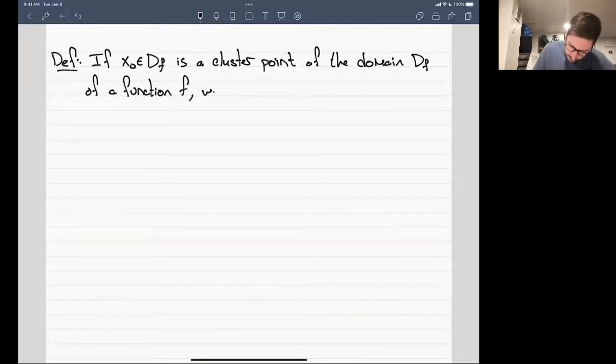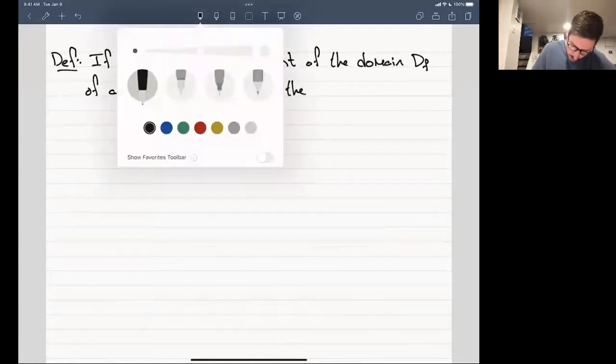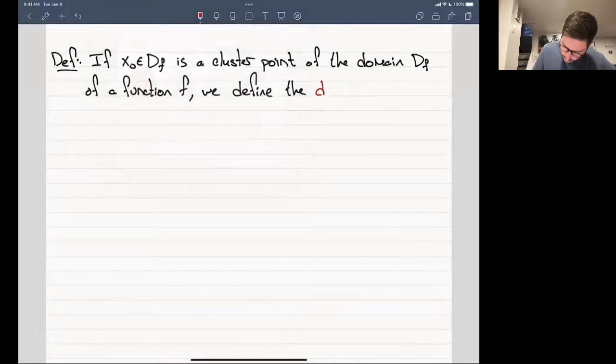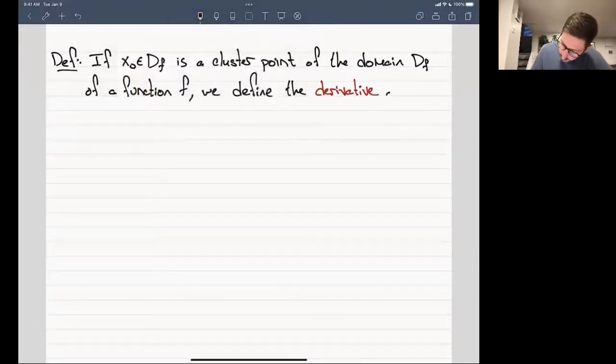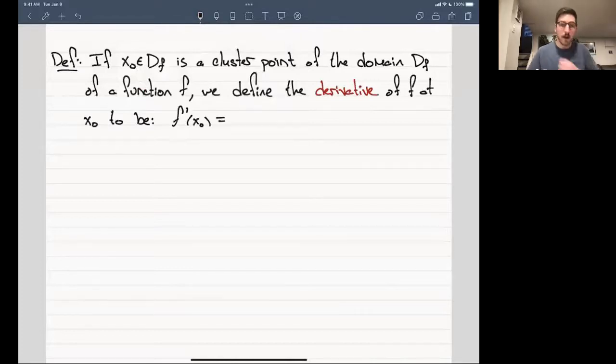So we define now this is going to be the derivative of f at x0 to be, well, you know it, you love it, you've seen it many times probably, f prime of x0.